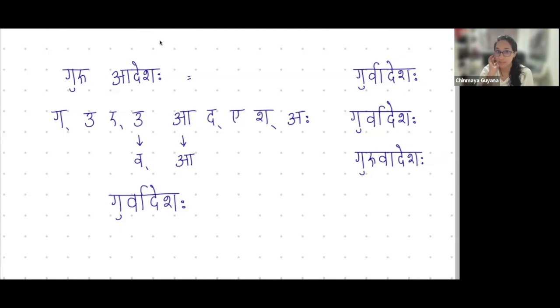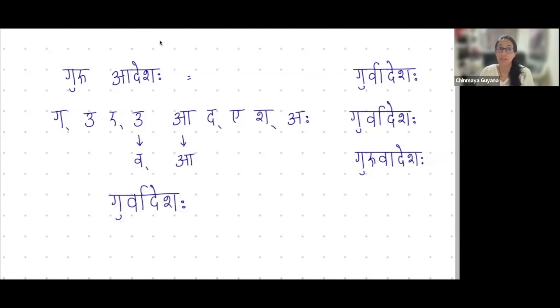But if you can get the sound correct, then eventually you'll be able to write it correctly also. So each time you struggle, write it out separately, look for the conjunct consonants in that area, and then put it together.